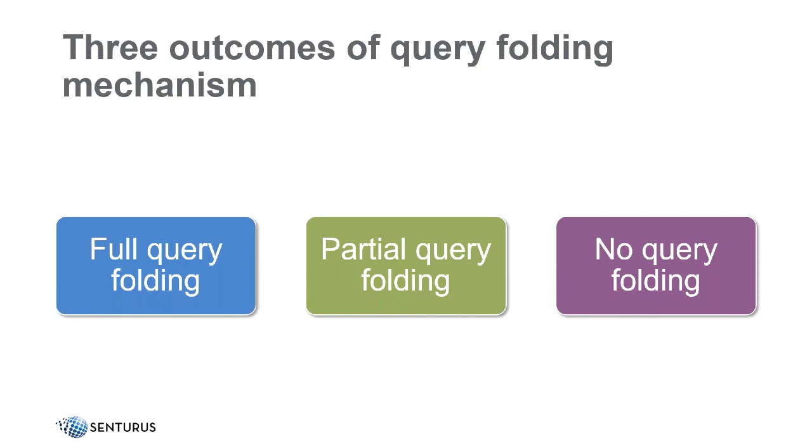More realistically, we're going to get partial query folding. This is where a few of our transformations can get pushed back. Some, however, have to take place in the Power Query Engine. These are the ones we want to watch out for. These are the ones we want to look at. And these are the ones where we want to ask ourselves, is there an alternate native command that I could use instead?